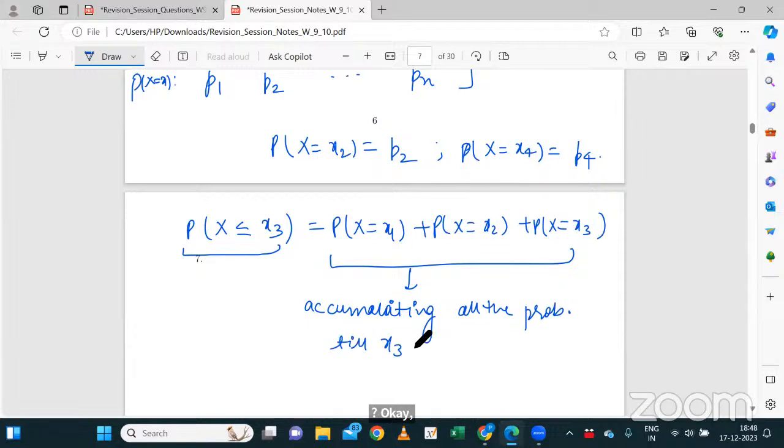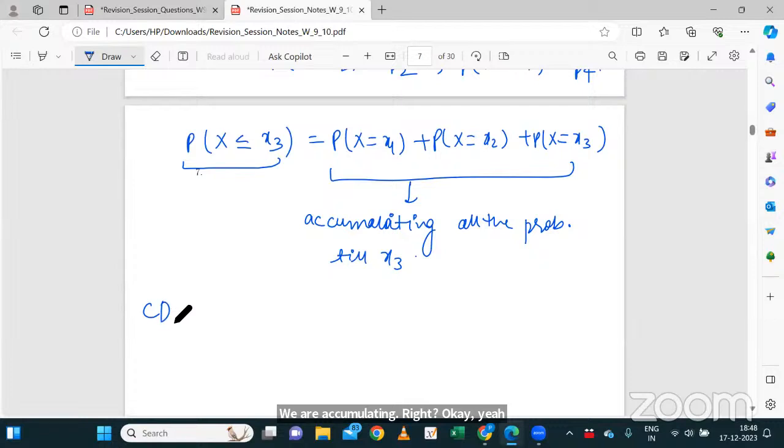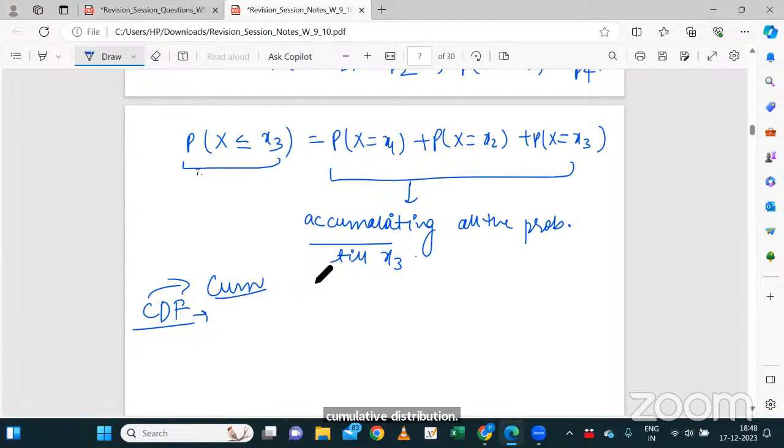That's why the name is CDF, cumulative distribution function. Cumulative comes from accumulating: we are interested in the probabilities till a particular point, not at a particular point.